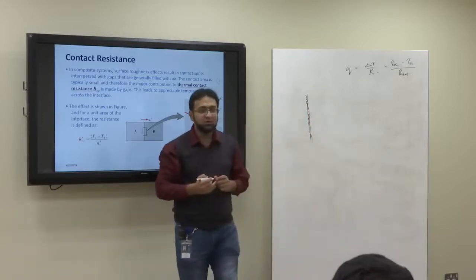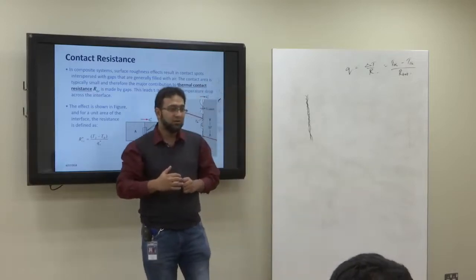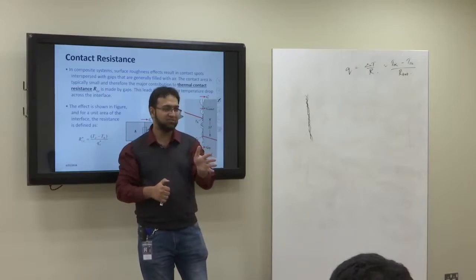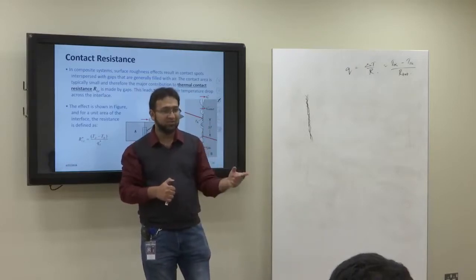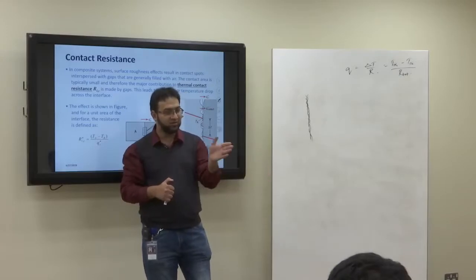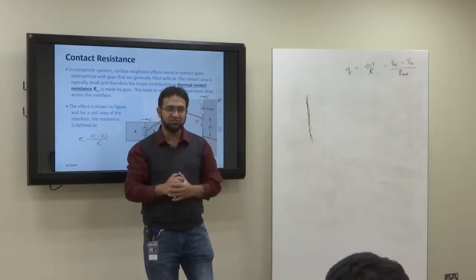These pockets of air offer a huge amount of resistance, because for conduction, air is a very poor conductor. Metal is very good, solids are better conductors, liquids are not as good as solids, and air is the poorest conductor.